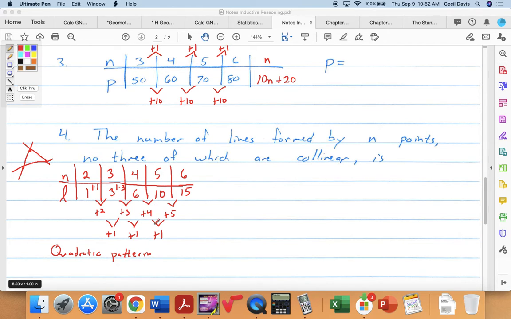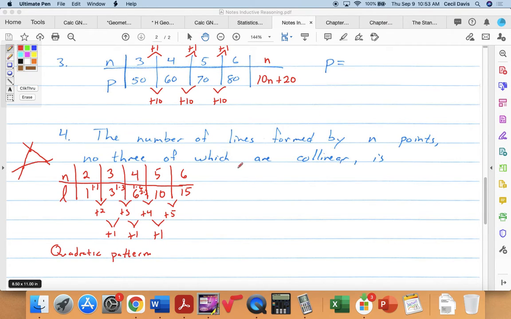Now with 6, I could do 1 times 6, or 2 times 3. But this is still not helpful. 1 times 1, 1 times 3, 1 times 6. That's totally non-helpful to me, and that's why this one is harder. Sometimes you have to look at it and go, well, that didn't work very well.